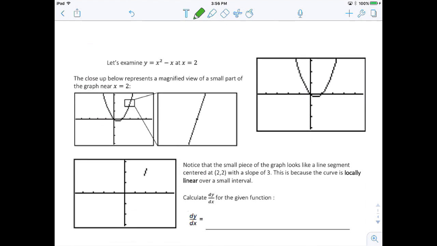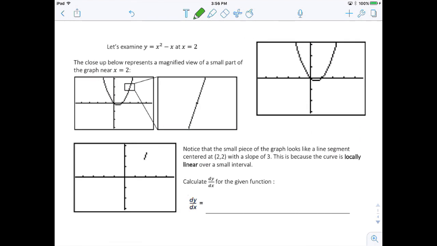So, quick crash course on slope fields. If you have a function, and this is just the original function, not the derivative, I'm looking at y equals x squared minus x at x equals 2. If we zoom in close enough to that graph, on a small enough interval, no matter what curve you look at, it's going to appear what we call locally linear.